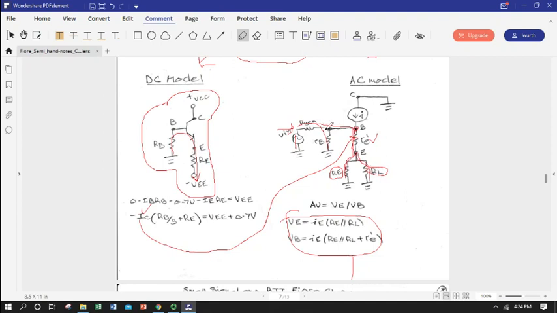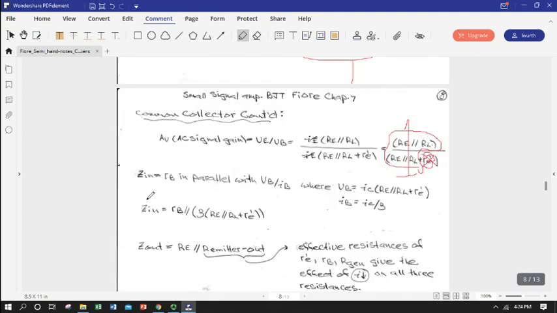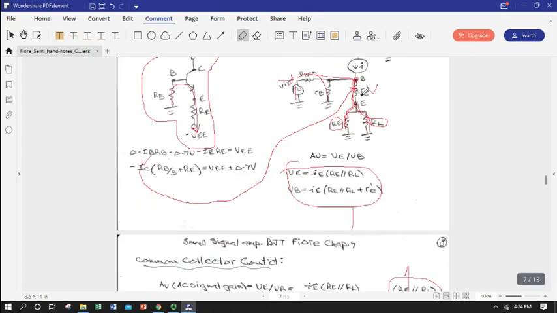So I'll have the base resistance in parallel with this Z input at the base that's going to have a pretty similar way of explaining it as we did for the common emitter. And we can jump right to this expression. So we have base resistor in parallel with beta times everything in this path.